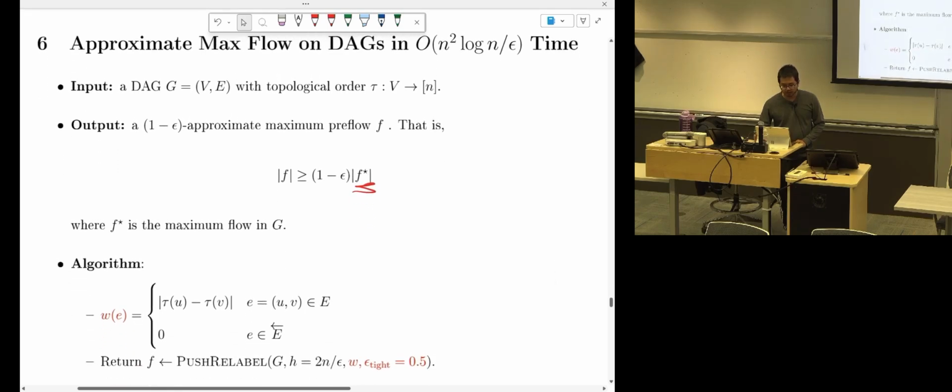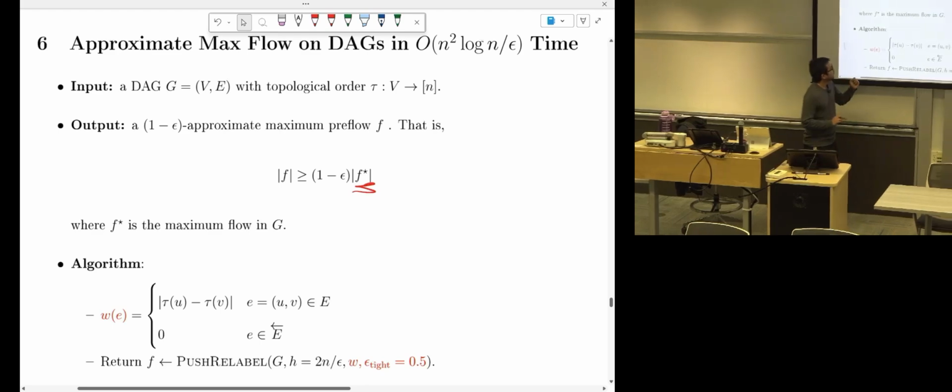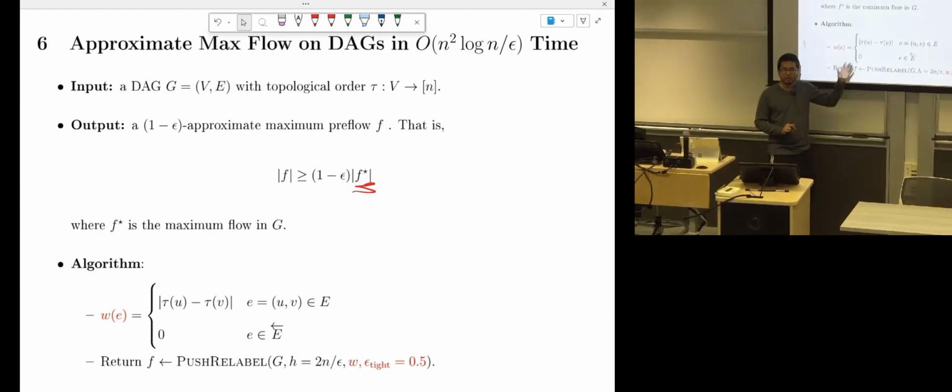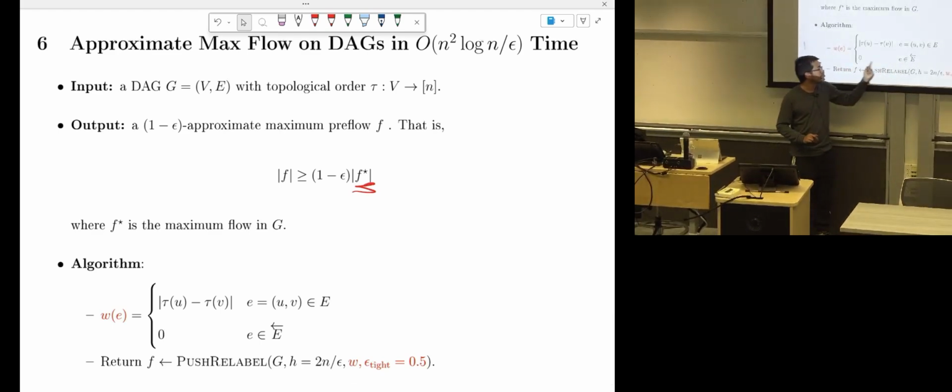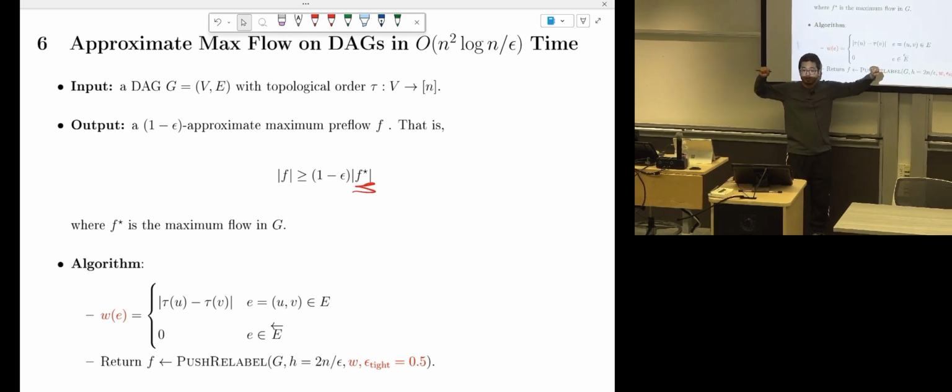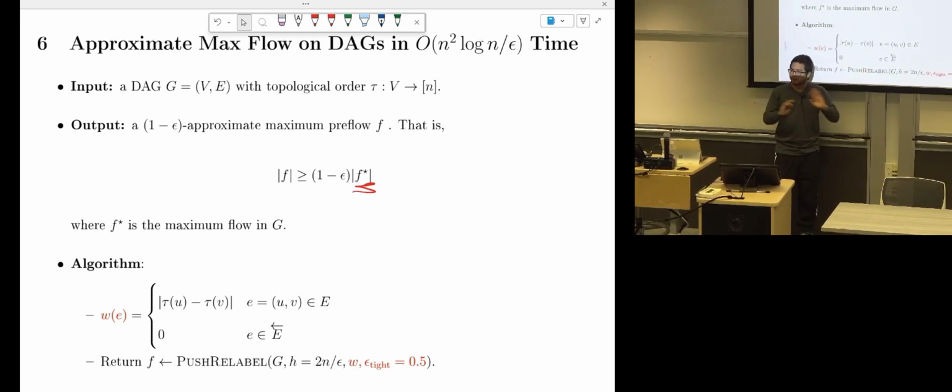It's a shortest-path-like setup again, but the weights are similar but different. Any backward edge, you set to 0. Any forward edge, instead of setting it to 1, you set it to be big if the endpoints u and v of the edge are far apart in topological order. Similar to shortest path, right? We just did this before.